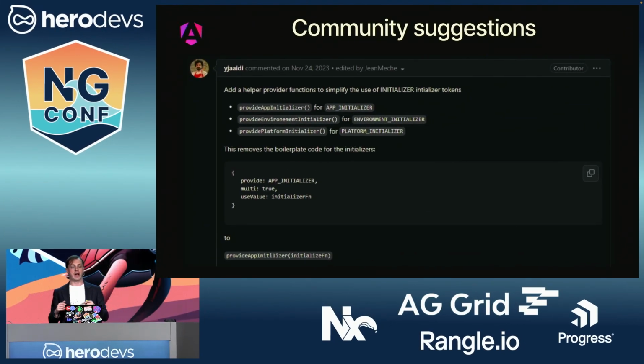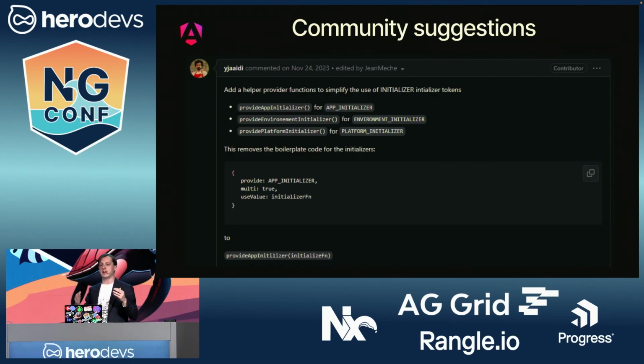But other things could also happen. A French buddy of mine, Younes, also a GDE, had an idea how to improve DX, saying, okay, we have a lot of talk about the initialization. We could provide something maybe simpler, replacing a token with a function, because those tokens are multi, you also give a callback function, etc. By providing a function, you enforce some type safety.